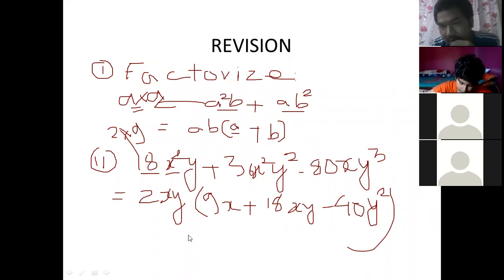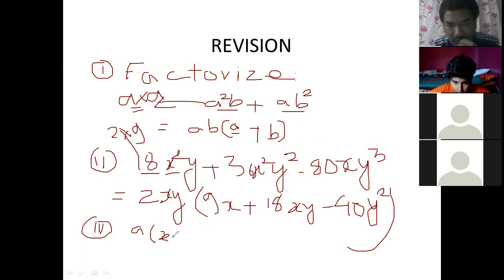Now I am going to ask Reason. Hello, Reason, are you listening? Please tell me how you will factorize this question. The question is given like this. Can we again find common?